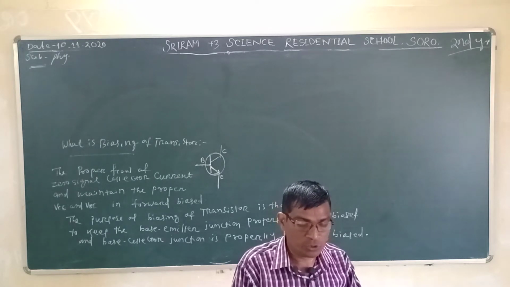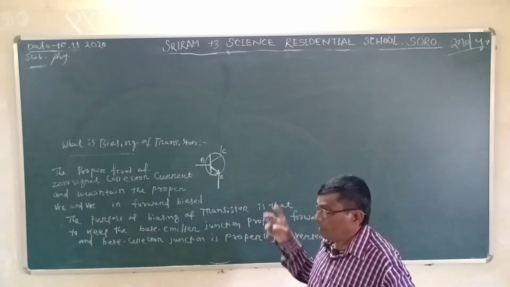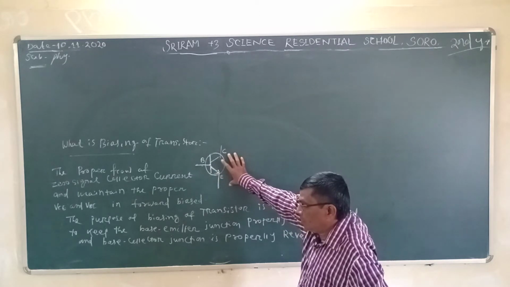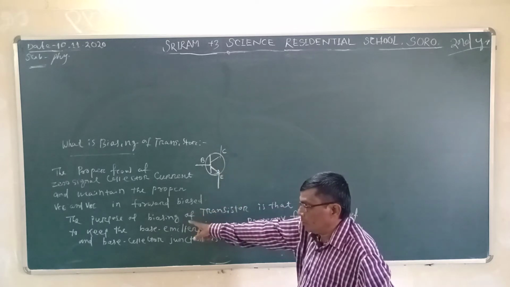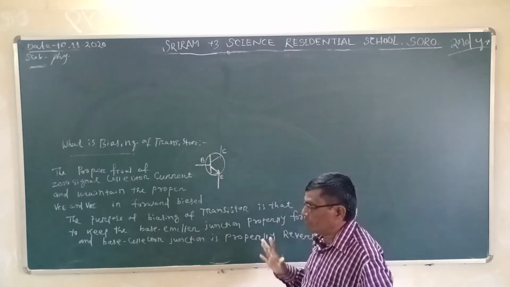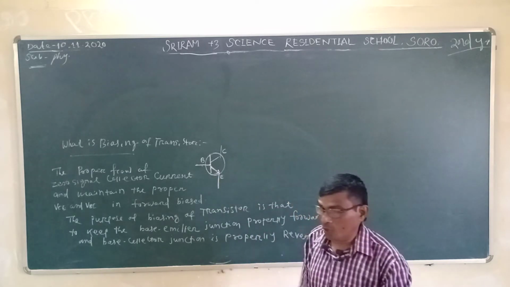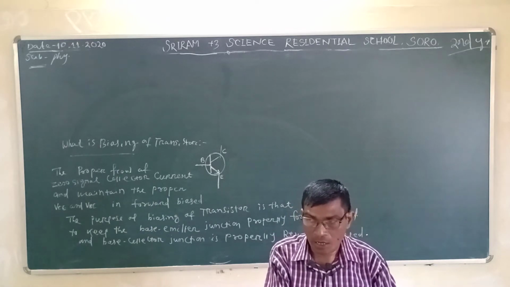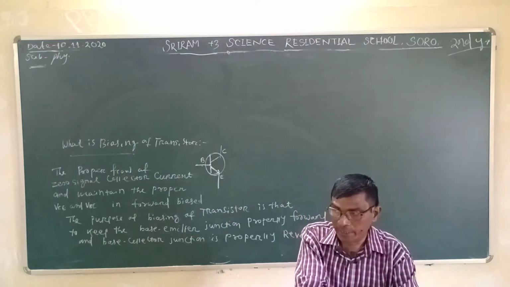The basic purpose is how the two junctions are biased by an extra voltage source: to keep the base emitter junction always forward biased, and the base collector junction always reverse biased.